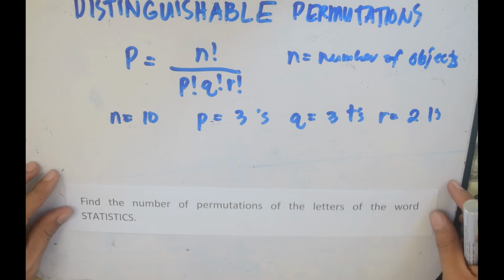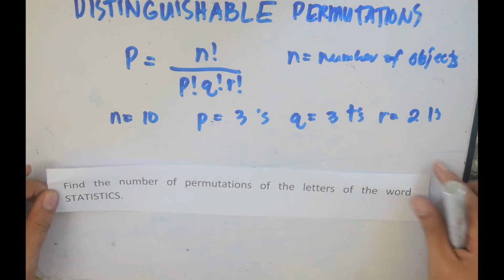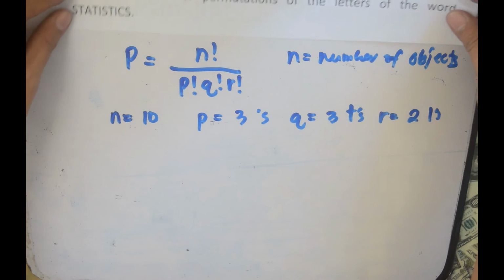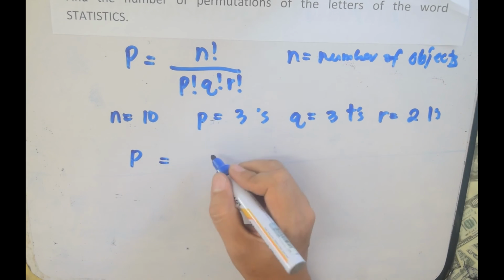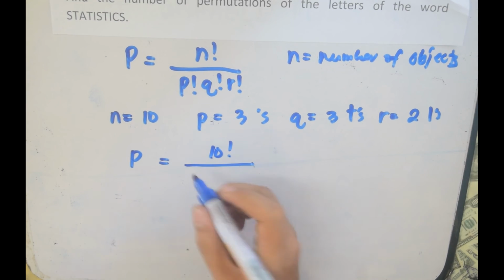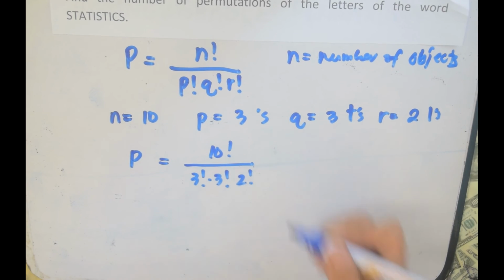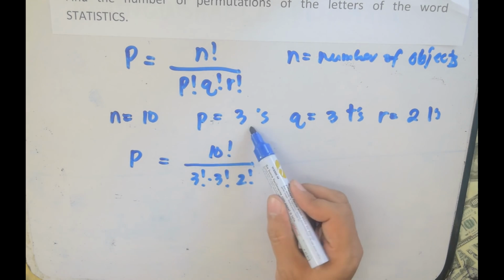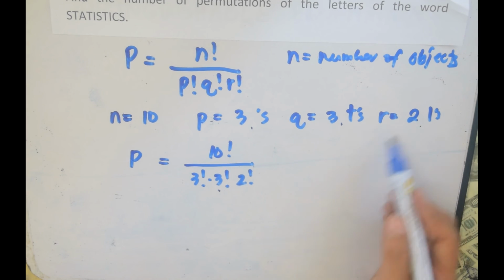Find the number of permutations of the letters of the word STATISTICS. So we have here the permutations. You have 10 factorial over 3 factorial times 3 factorial times 2 factorial, since our p is 3, our q is 3, and our r is 2.